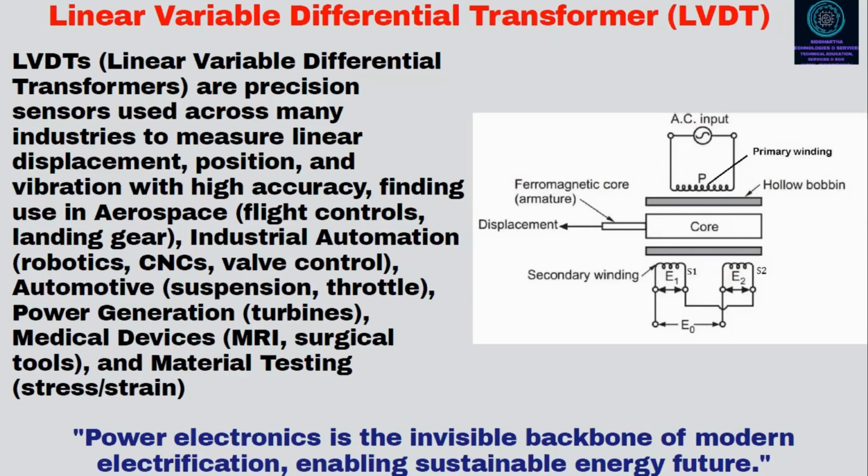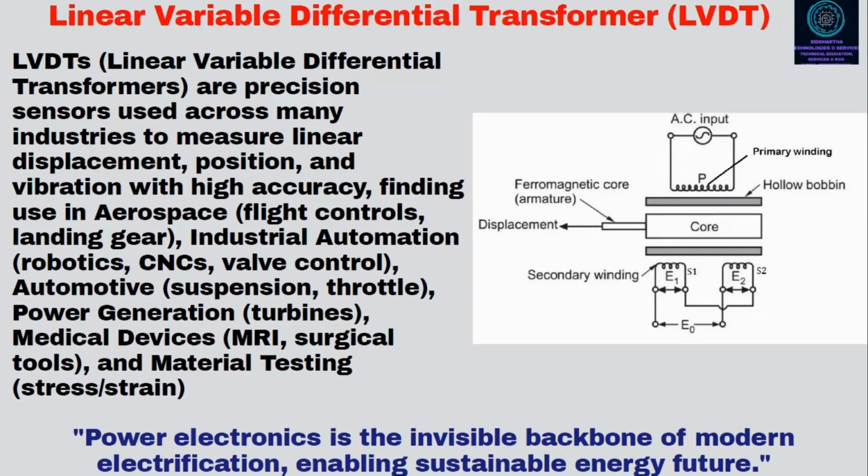For example, in aerospace, flight controls, landing gears, industrial automation, robotics, CNC, valve controls. Mainly in the higher industries, be it aviation or manufacturing. Also automotive suspension, throttle, power generation turbines, and in medical devices, MRI, surgical tools, and material testing, stress and strain both.